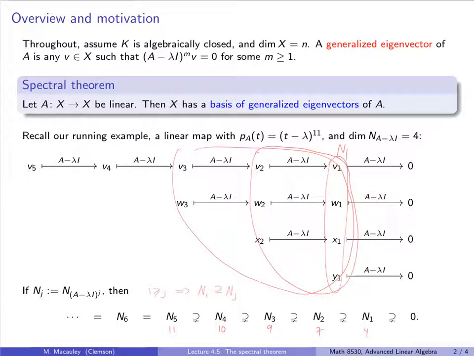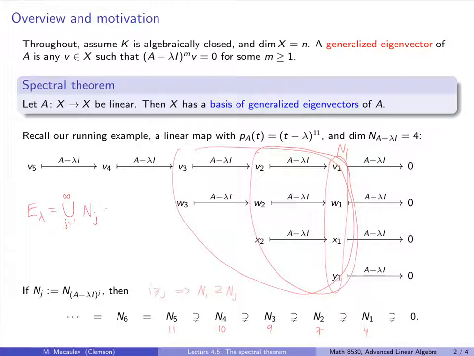So notice that, for example, n3 is the set of all vectors such that if you apply A minus lambda I 3 times, it gets sent to 0. So what we will do in this lecture is define the eigenspace of lambda, E lambda, to be basically all of these things. One way to write that is the union from j equals 1 to infinity of nj.